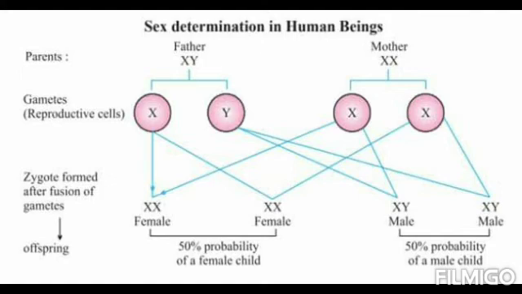Here you can see sex determination in human beings. On the father's or male side, the gametes in a boy are known as sperms.